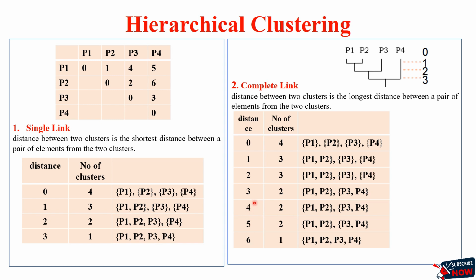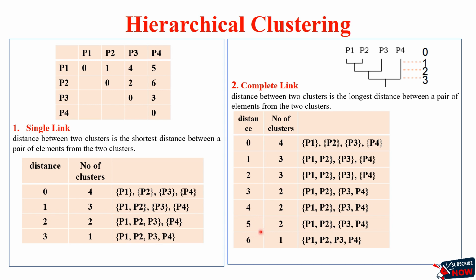When the distance measure is 4, we need to check whether we will be able to merge these two clusters, but that's not possible because both P1 and P2 should be at a distance 4 with these 2 points. Looking at the distance matrix, P1 and P4 are at distance 5, not within the threshold. Also, P2 and P4 are at a distance 6. That is not within the threshold. So that will remain as such.